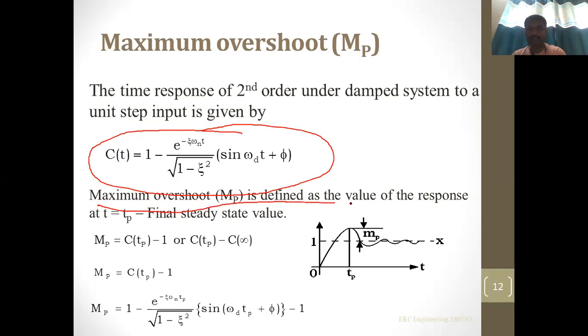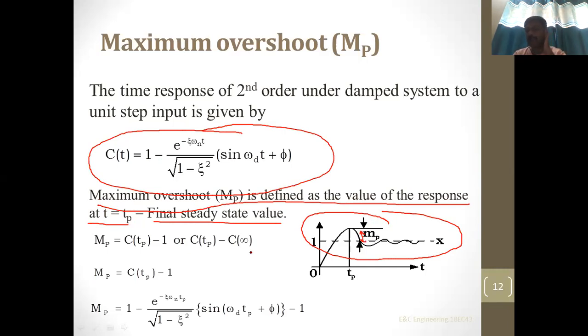What is maximum overshoot? It is defined as the value of the response at t is equal to Tp, that is the maximum peak value minus the final steady state value. From the figure you can observe this distance, from 1 to this peak. This is referred to as maximum overshoot.